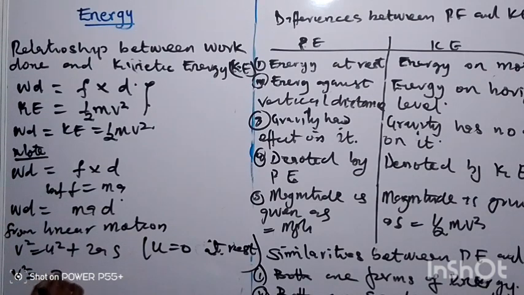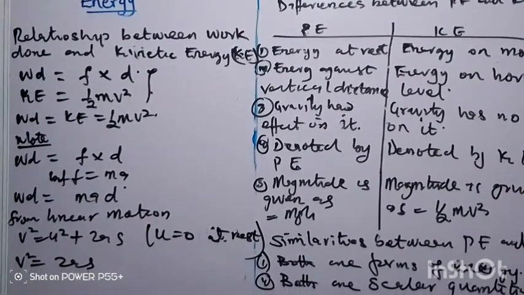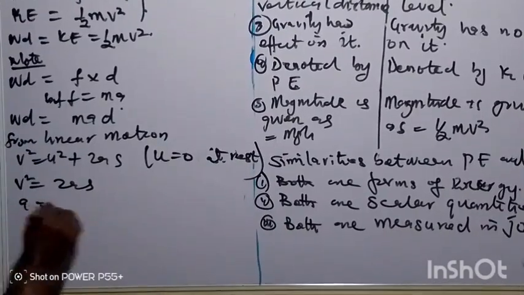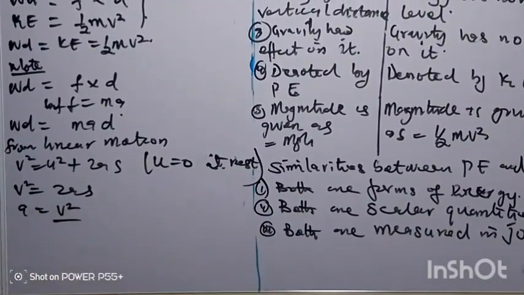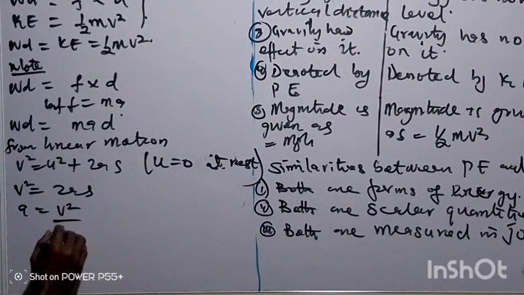Make A the subject of the formula. A is now equal to V squared over 2S.